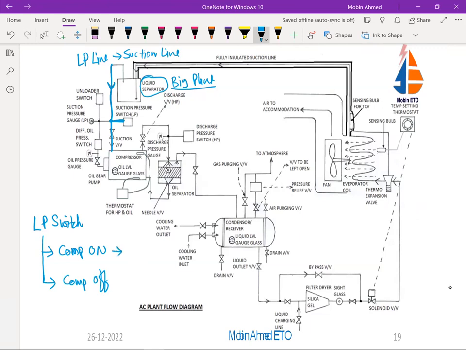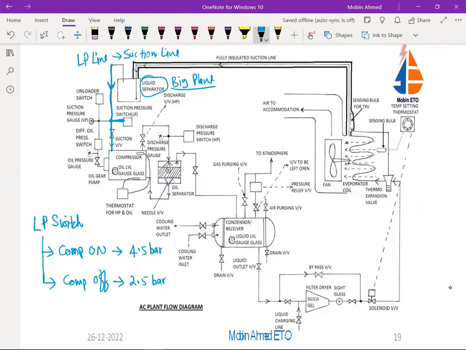How is it going to protect? Suppose the LP, the low pressure, is at 4.5 bar; the compressor is going to be on. But when the LP comes down to 2.5 bar, it will be off. So it protects the compressor from working like a vacuum pump.